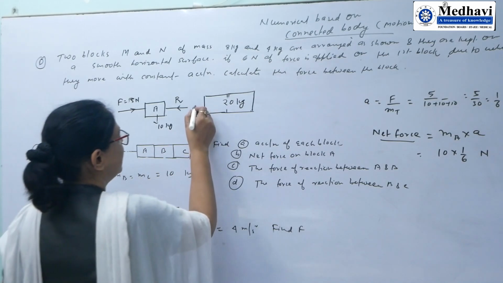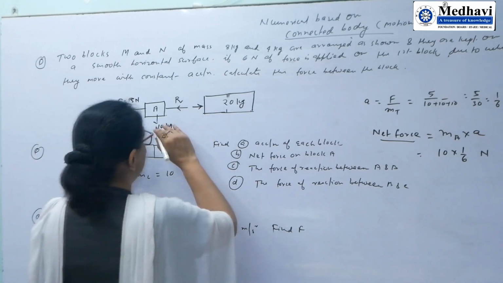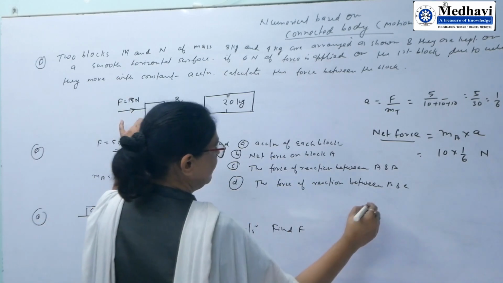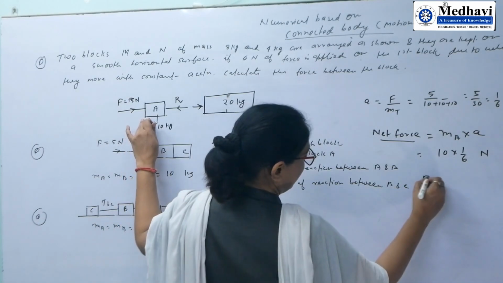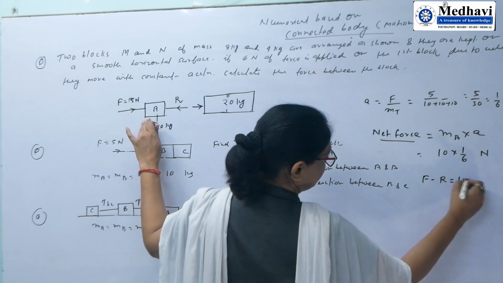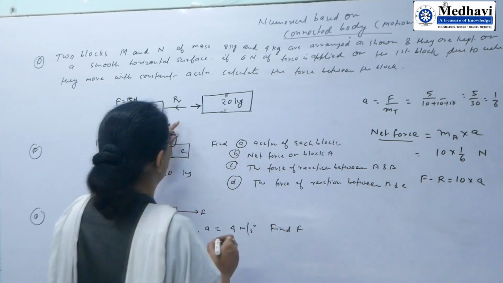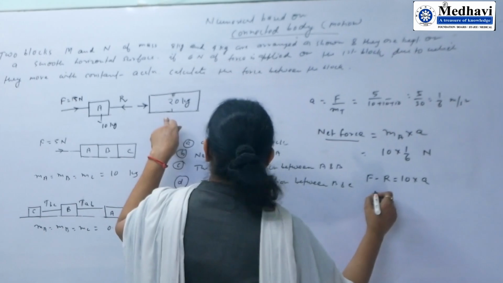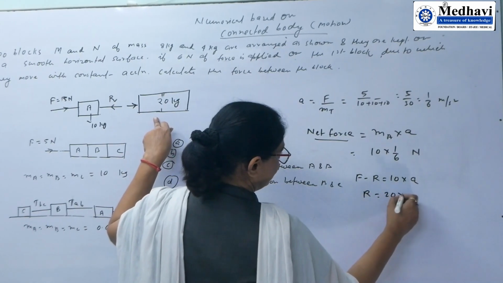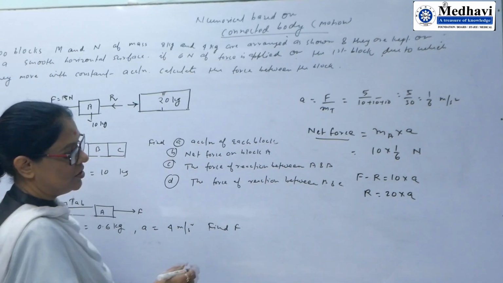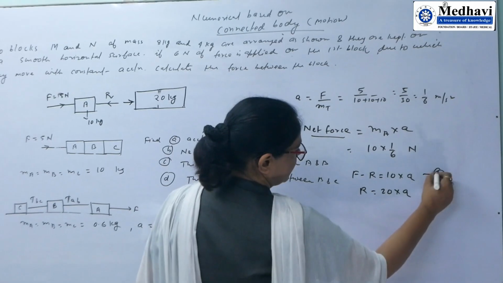So FBD of A is F minus R is equal to 10 into A. And for B and C, R is equal to 20 into A. So this is the first equation. This is the second equation.